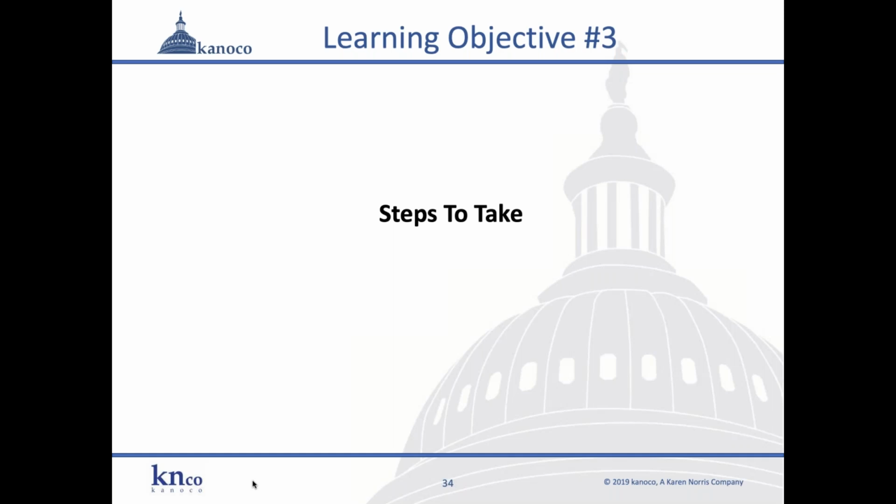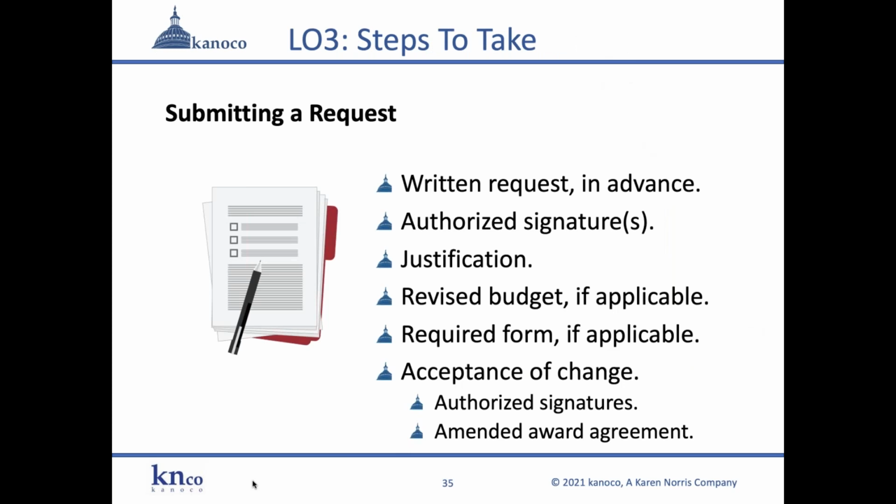So let's talk now about steps to take. Okay, I need to make a change. How do I do it? So you have to put it in writing always, and it needs to be in advance. And there needs to be authorized signatures. Now, the project director or the principal investigator may not be the authorized signature.